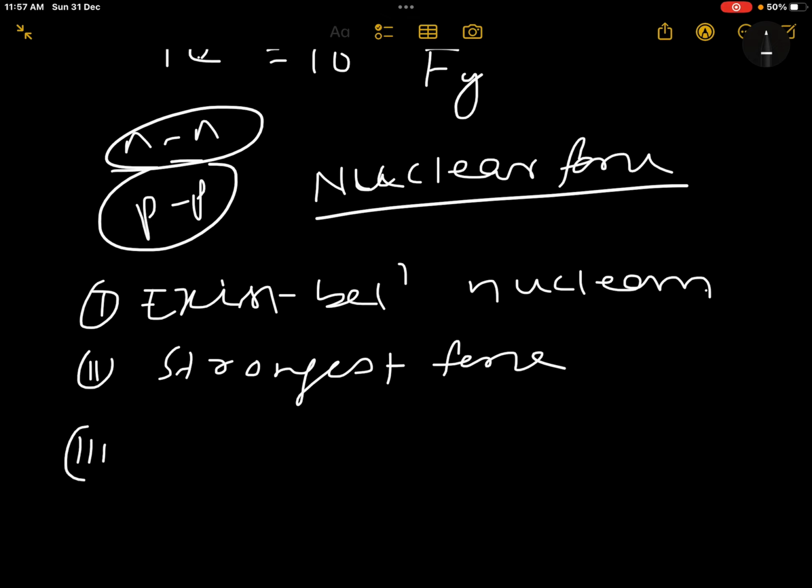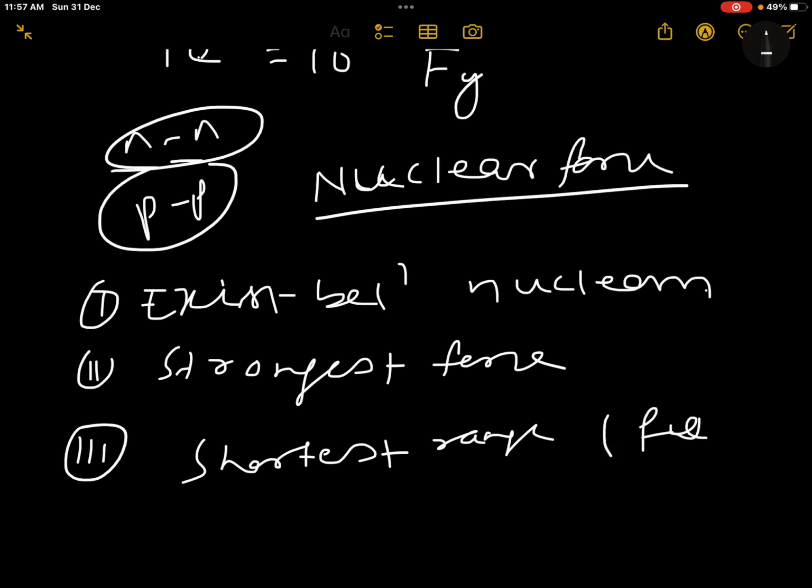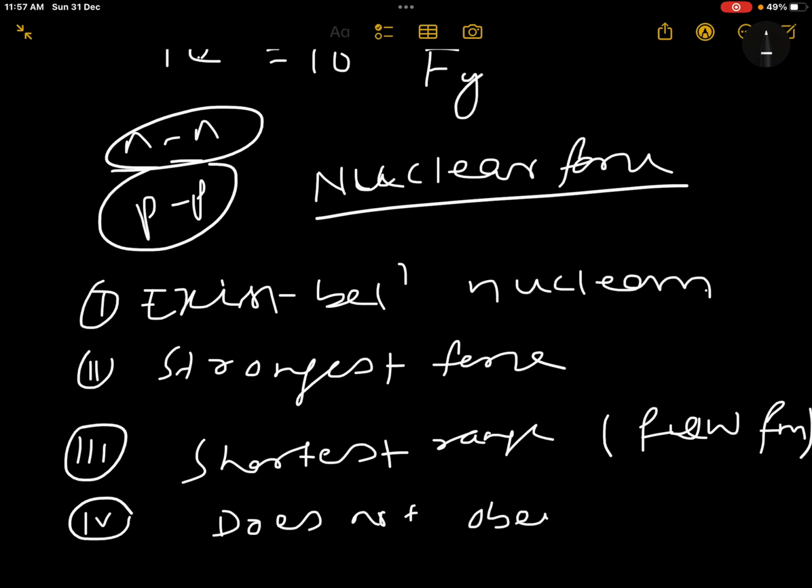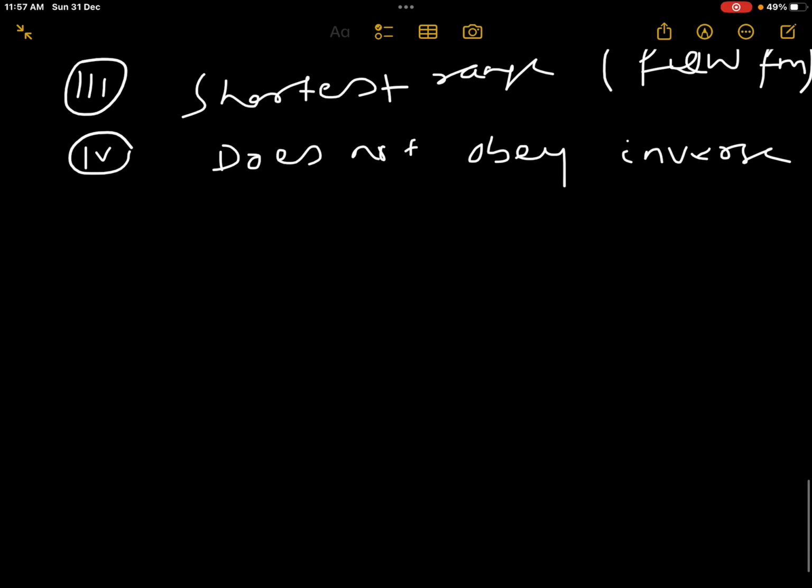It has the shortest range. It acts within a few Fermi. Fourth, it doesn't obey the inverse square law.